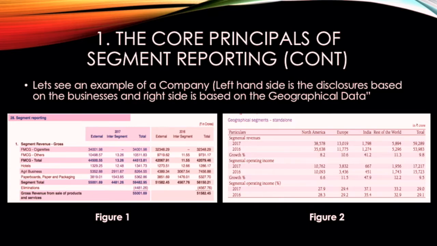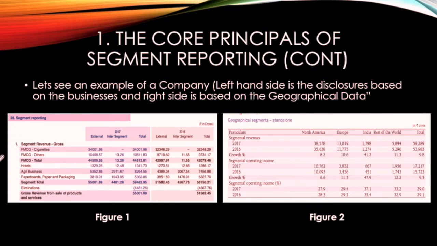To have a concrete understanding of IFRS 8 principles and concepts, let's focus on company number one, figure number one. It's an Indian company, in INR crore. You can see FMCG, fast moving consumer goods, hotels, agricultural businesses, paperboards and packaging, and others. These look like the areas of operations for the entity.